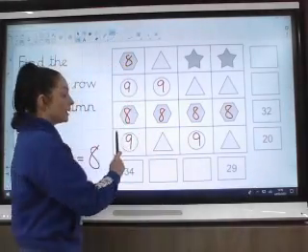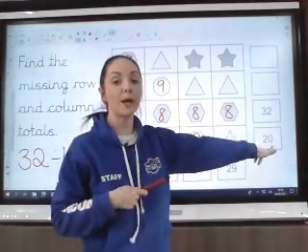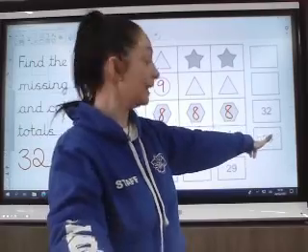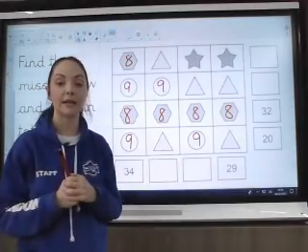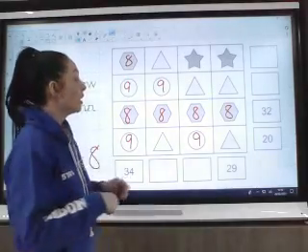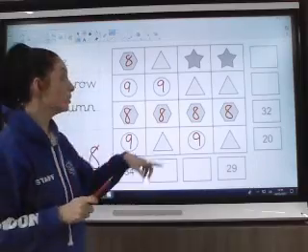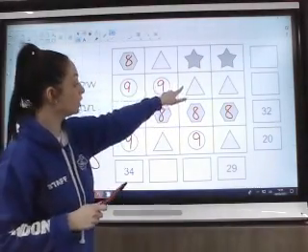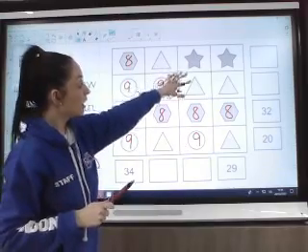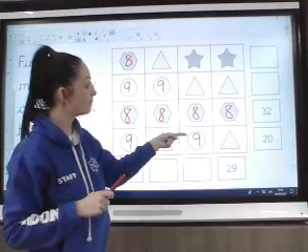So if you do 9 add 9, you all know what that is, and take that away from 20, which I'm sure you can all do mentally, then you can divide that by 2 and that will give you your triangles. Okay? And then you're nearly there. Once you've got your triangle, all you've got to do then is find your star. Okay? But once you've got these triangles, all you need to do is do this, add this, add this.